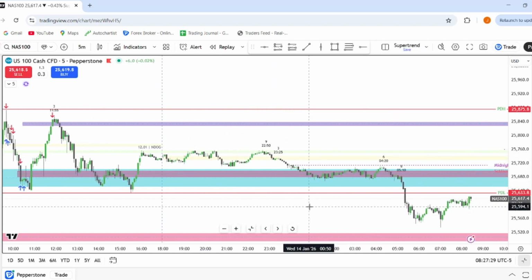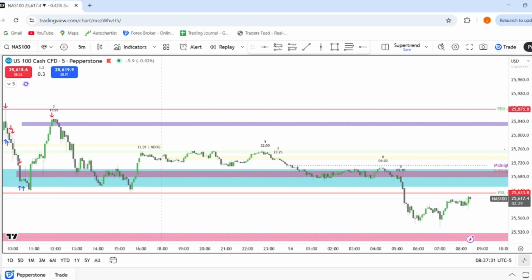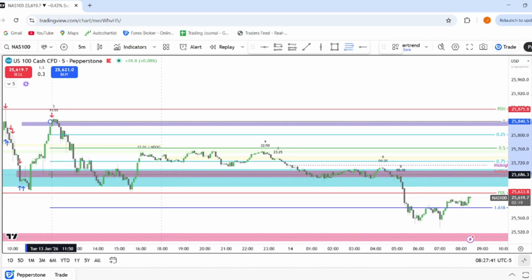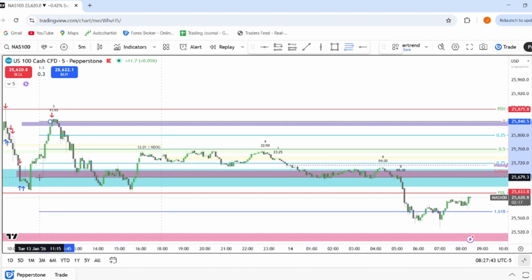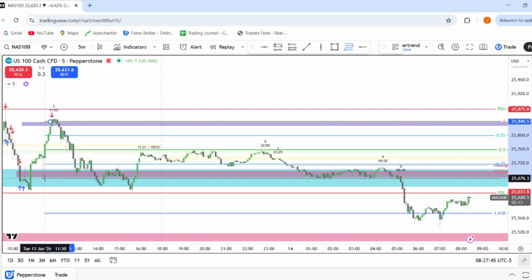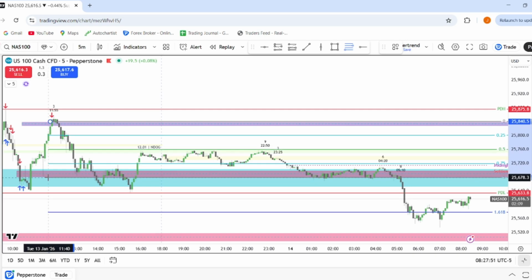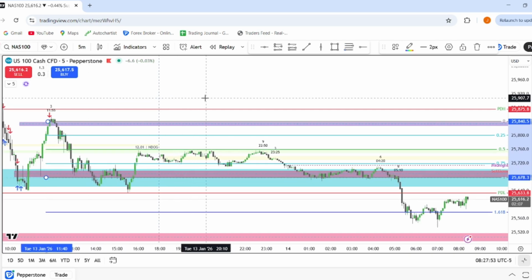And then what I am going to do is mark my range with my fib tool. I can already see that price has gone lower than my range, so I'm going to just mark my range like that. And we'll see how price has traversed.